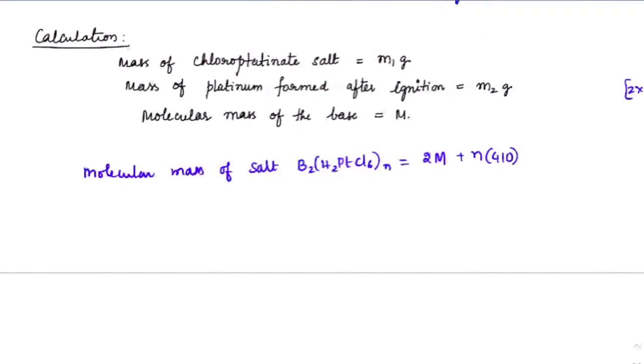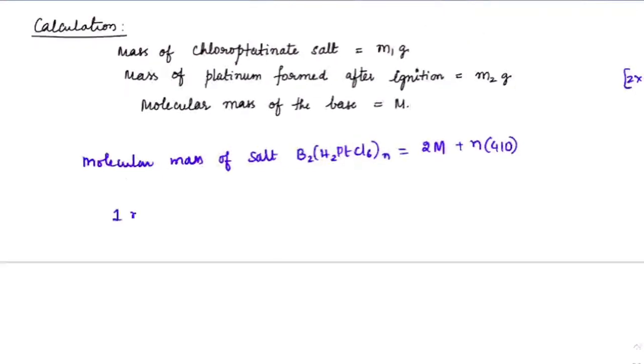If I take 1 mole of B2H2PtCl6, right, this gives n moles of platinum, right? So when I'm taking 1 mole, it is giving n moles of platinum.